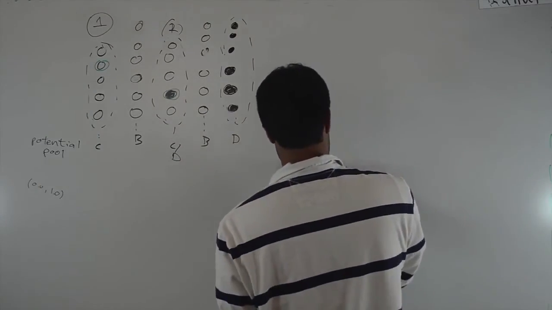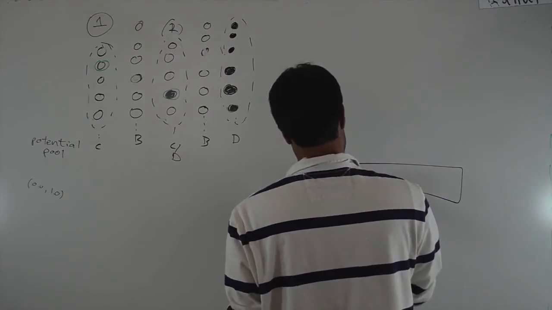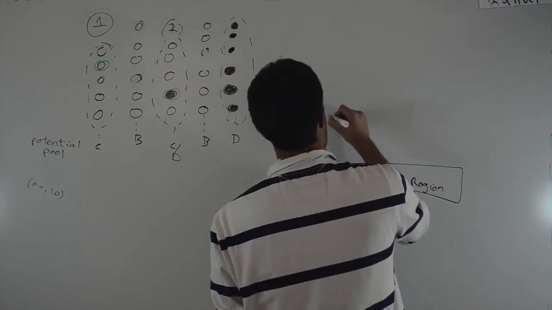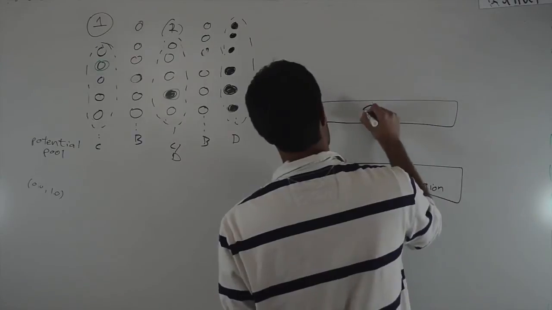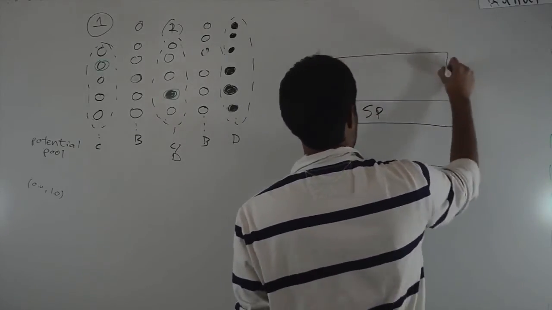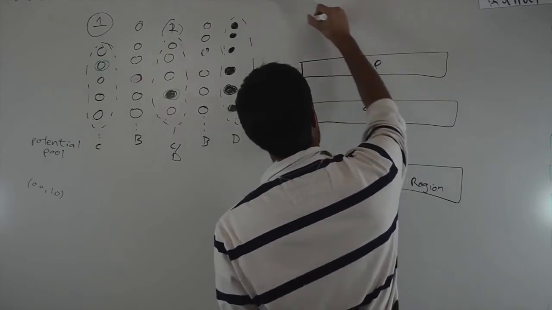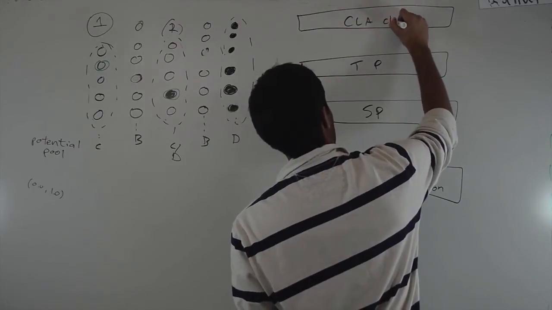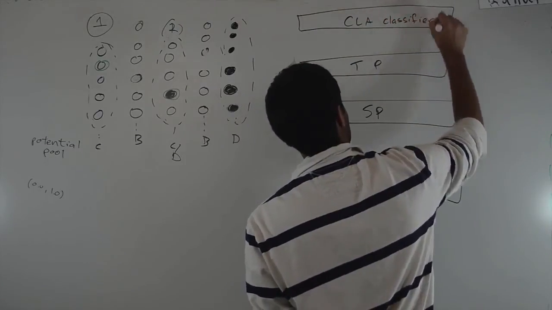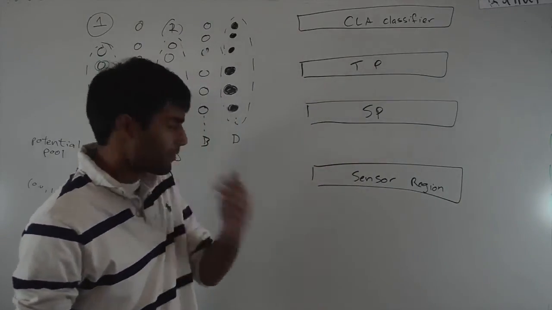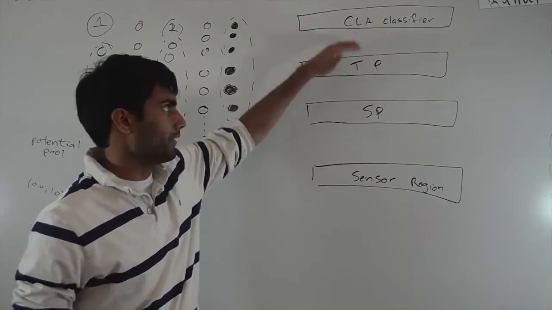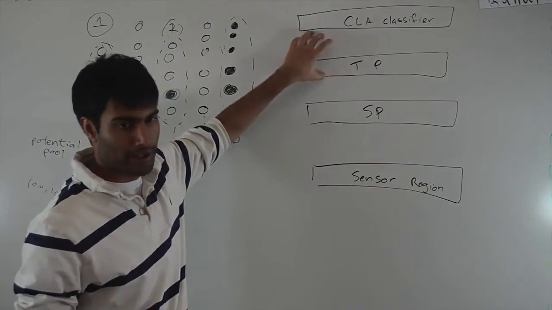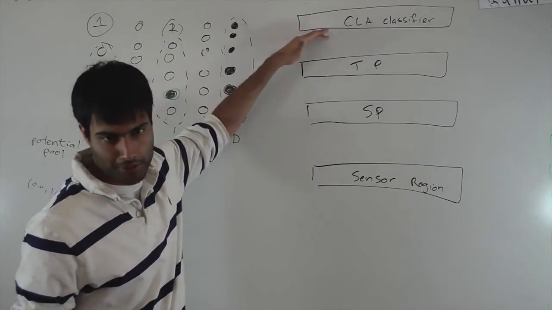The CLA model looks like this: the sensor region, the spatial pooler, the temporal pooler, and the CLA classifier. I'm going to walk you through the data flow between each of these layers and how we use them to produce predictions. I can also talk about how we produce anomaly scores, but the anomaly score is actually easier than the predictions.